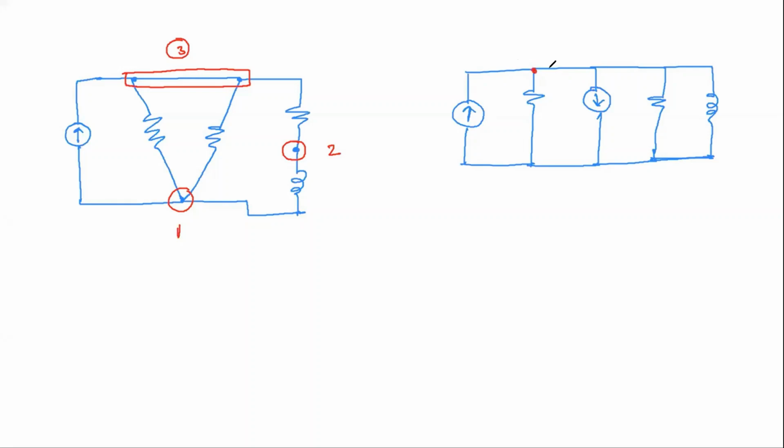You can also say this is a node, this is a node, this is a node. But the thing is, there are no elements in between node and node. So just combine these two. Now a big node it became, right? There is no element in between these two nodes also. Combine these three. This is a single node. Understood?